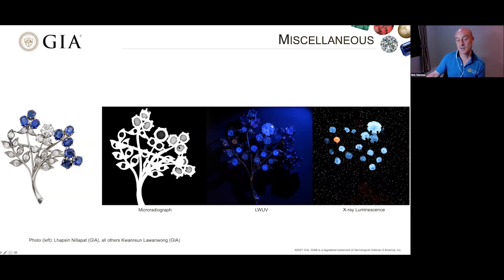But when we place the item under long wave ultraviolet light, again, we can see that we get some reaction, and the diamonds are showing sort of a bluish reaction here. Some of them not showing so much, and this one here is showing slightly differently. And when we place it under the X-ray fluorescence or luminescence, we can see that the diamonds react very strongly.